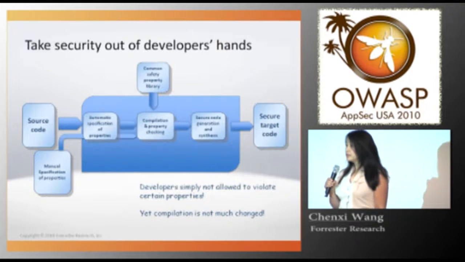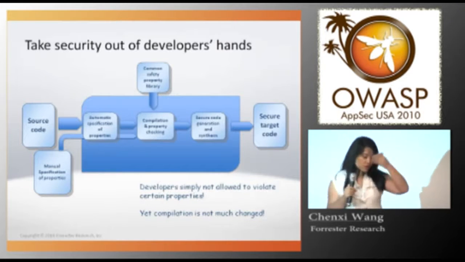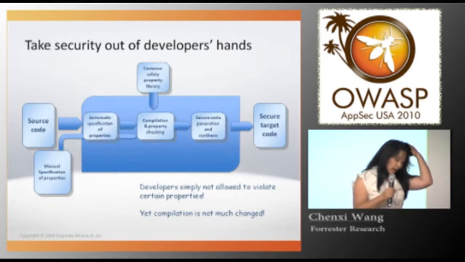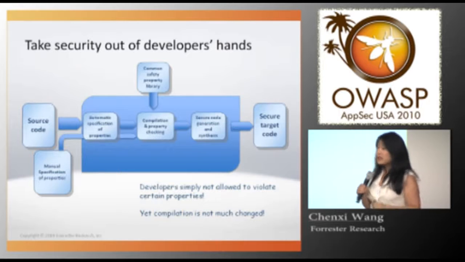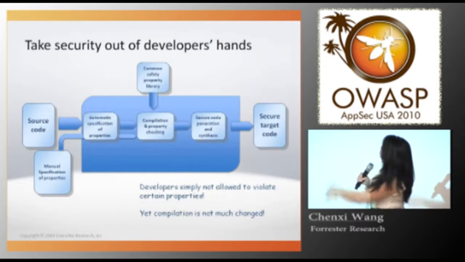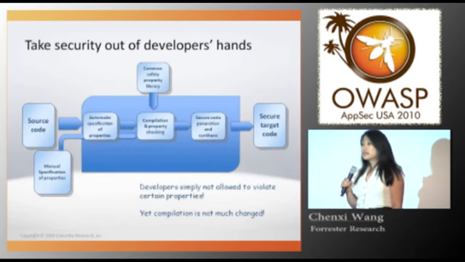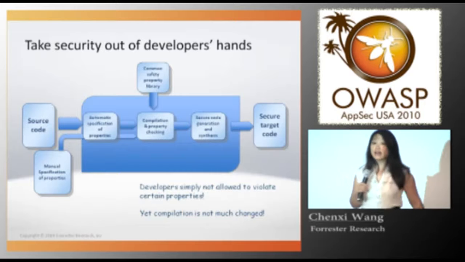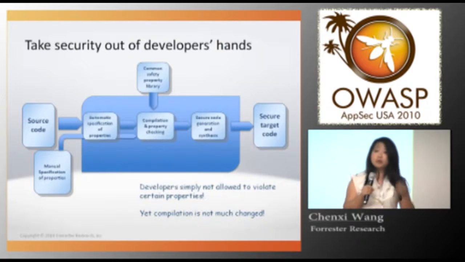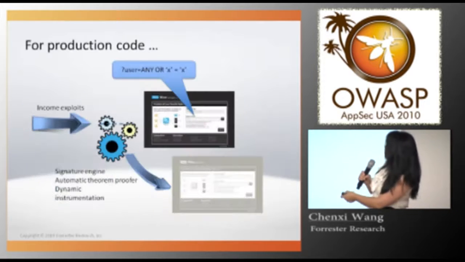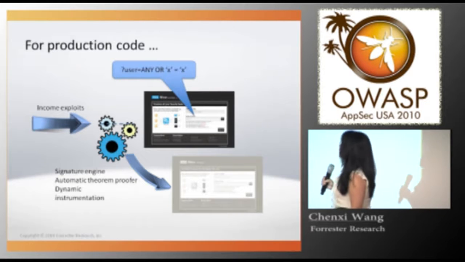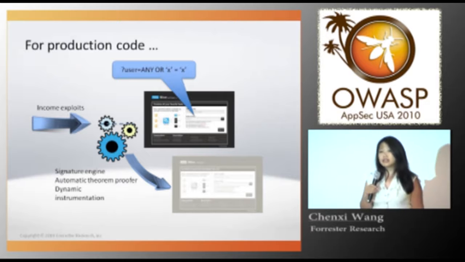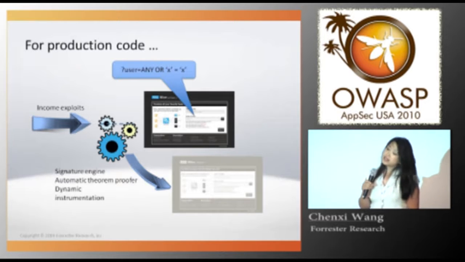Now, the compilation piece we were talking about is in development, right? For code that's already in production, what are we going to do? Let's say this is code that has a code injection vulnerability in it. We've got incoming exploits, and typically it will result in a code injection. Instead of letting it go to the website, let's run it through a set of engines that does a few things.